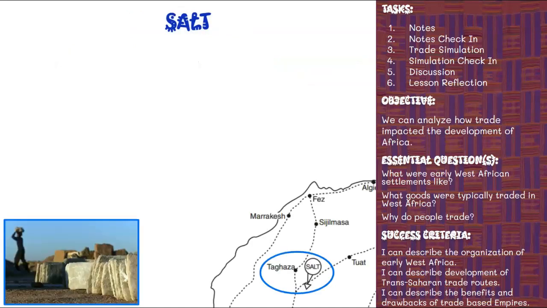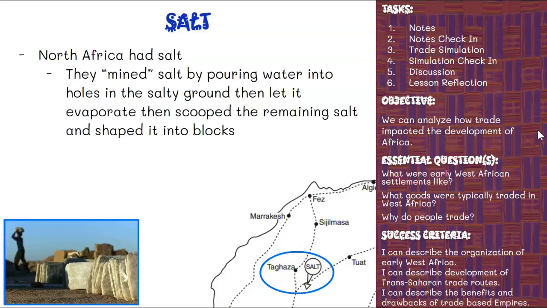So let's talk about salt first. Salt's origins are in North Africa, and you can see here where that is. They are going to mine salt by pouring water into holes in the ground and then letting it sit in the sun and evaporate.